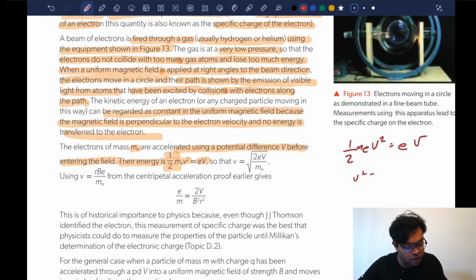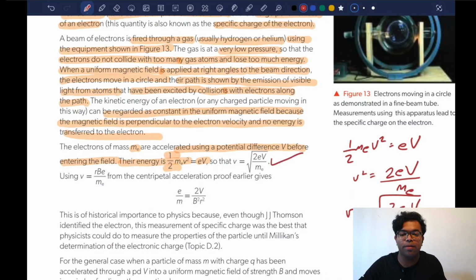Therefore, your v squared is equal to 2eV upon m_e. This capital V should not have a curl because it's voltage, the potential difference. Therefore, v is equal to root under 2eV upon m_e. This is how you are getting the formula.